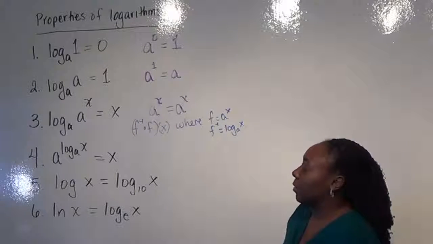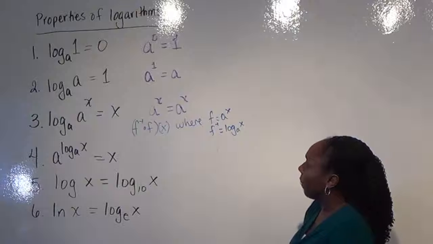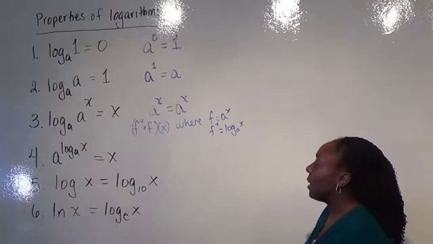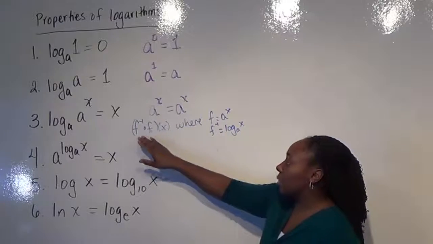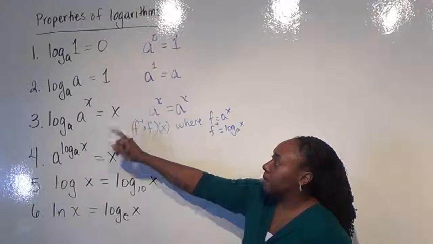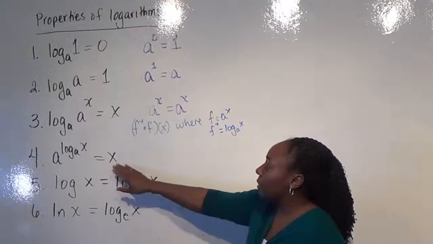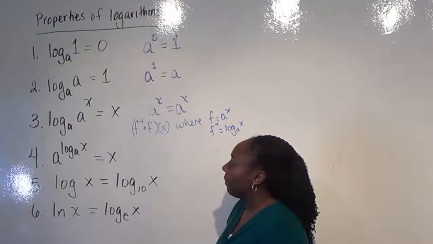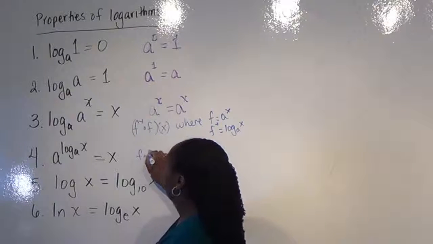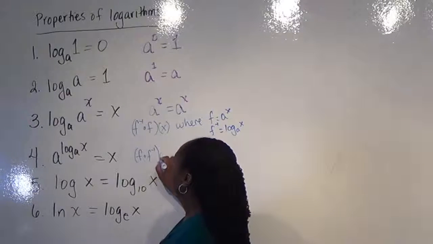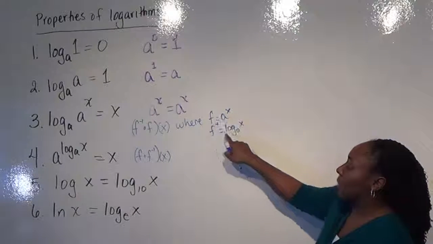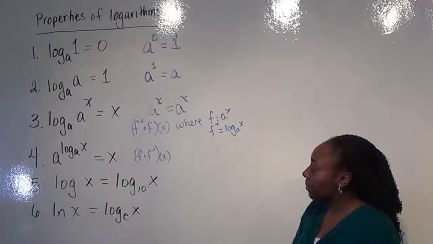And if you remember from chapter 2, when we were looking at functions and their inverses, it said that if I compose a function with its inverse, I'm always going to get that domain variable. Okay? And so here is the same thing, just going the other way. So if I look at f composed with f inverse, then I should get x. And again, these being my f and my f inverse.